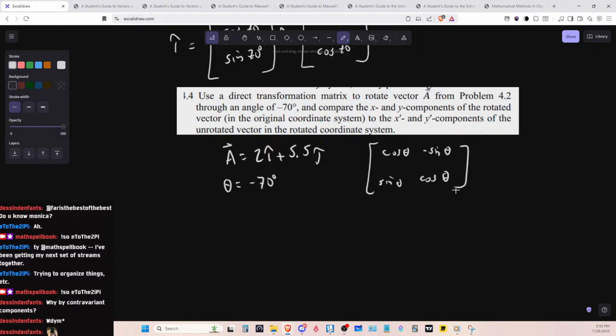So I'm guessing that these components are in the unrotated system, whilst the ones that we want to calculate are the ones in the new one.